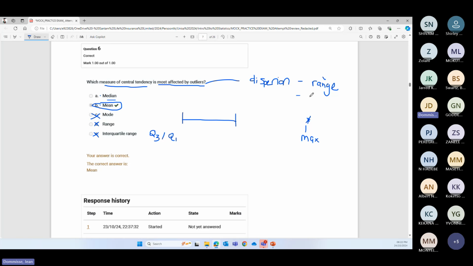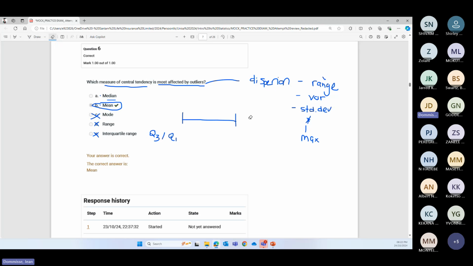It also influences variance, because remember, your variance calculation is x minus the mean, and outliers have an impact on the mean. So variance and standard deviation are impacted.